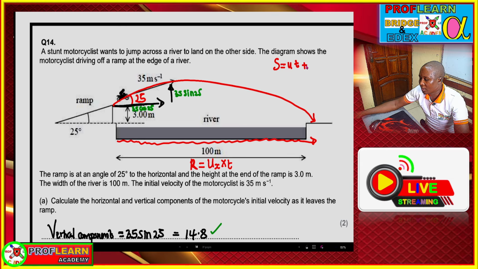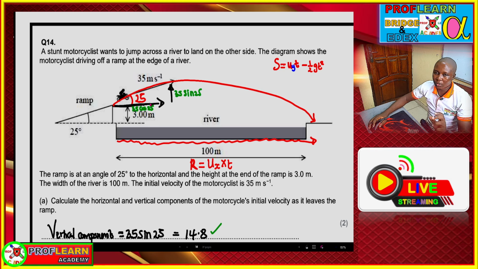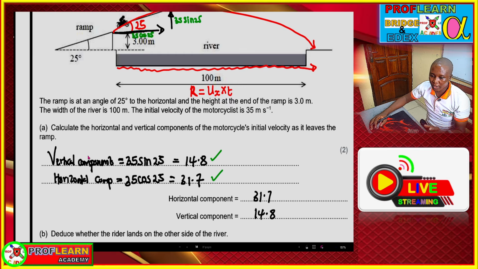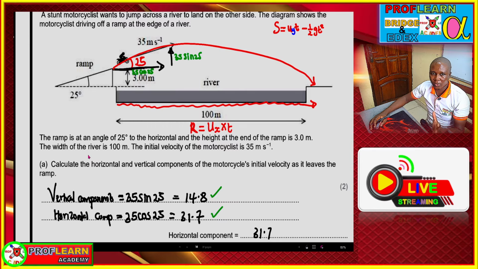And the initial velocity you're going to use is the velocity in the y direction, or the vertical component. So don't confuse the use of these. The vertical component is used to evaluate motion in the vertical trajectory, and the horizontal component is used to determine motion in the x direction.